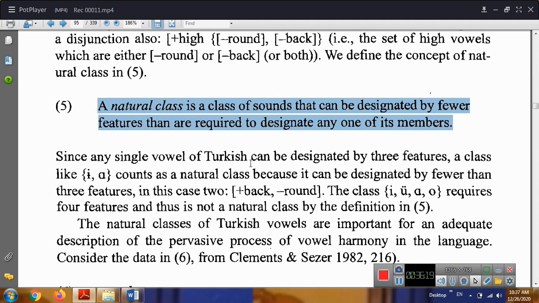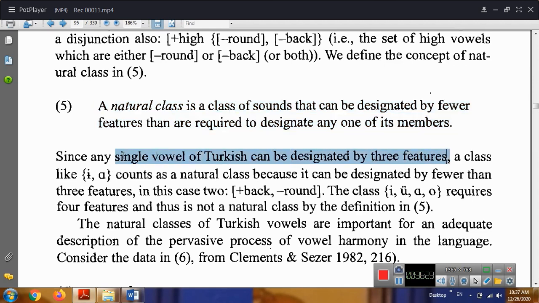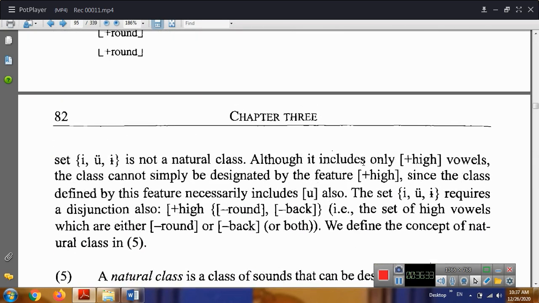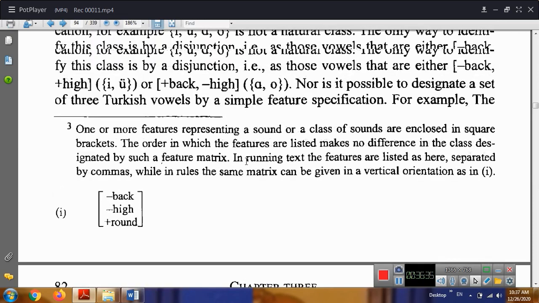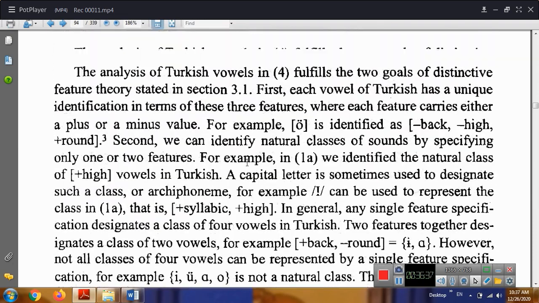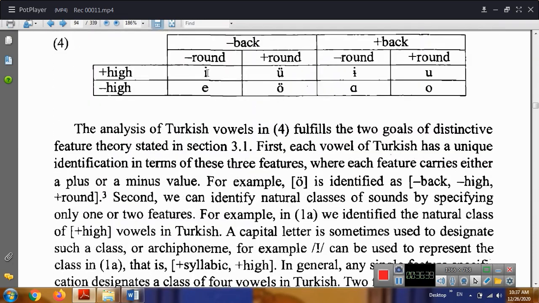Any single vowel of Turkish can be designated by 3 features. We can see it here. We show a single vowel in Turkish by 3 distinctive features.